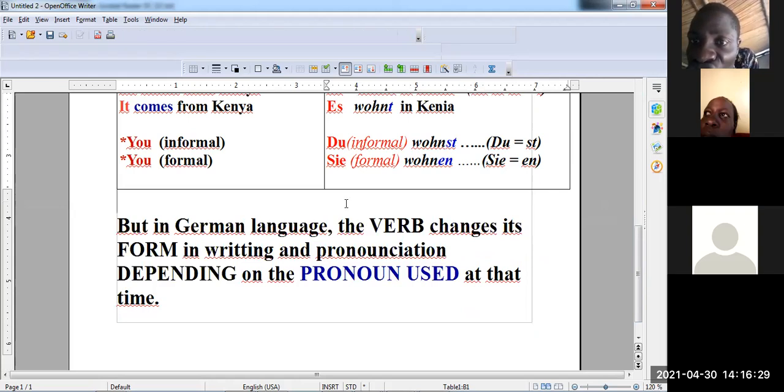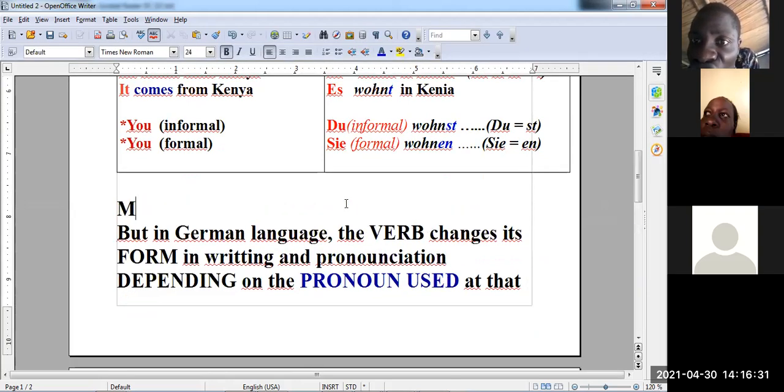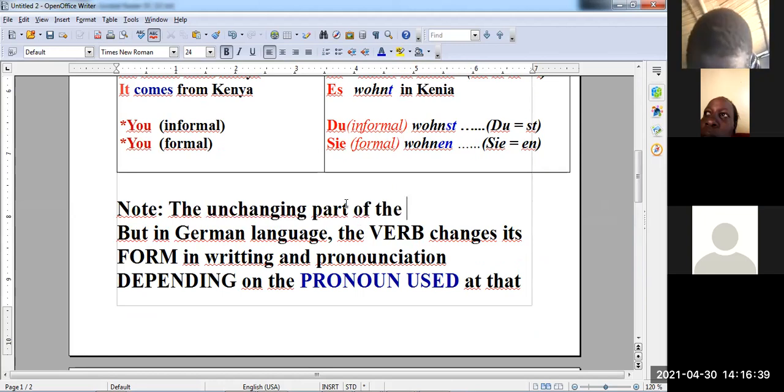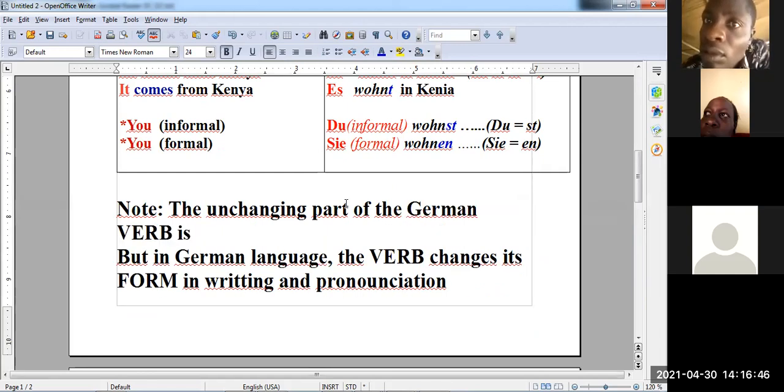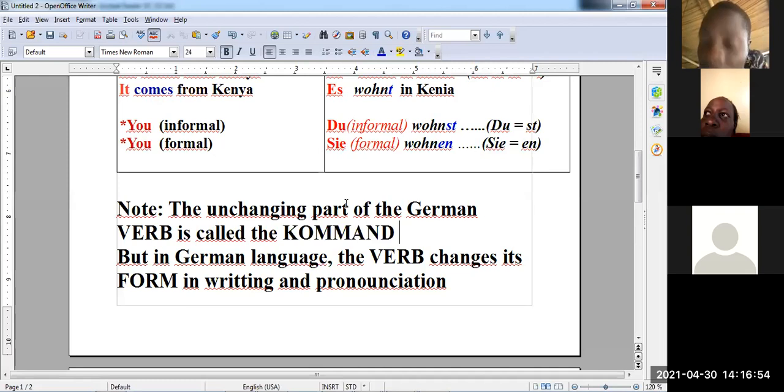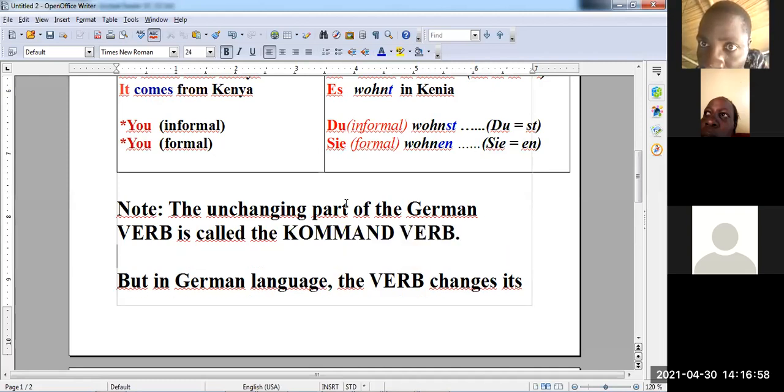The unchanging part of the German verb is called the command, just like with the soldier.